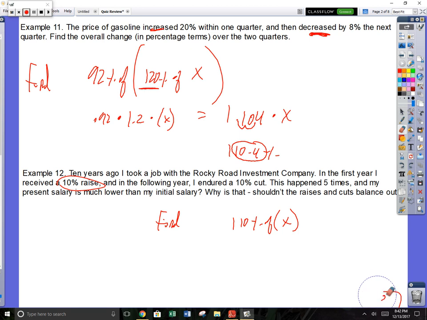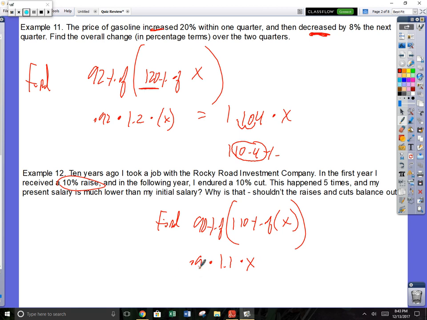Okay, and then after you receive that 10% raise, you're going to get a 10% cut. So now, here's what we have to do. We have to find 90% of this. And this is the cycle. I get a 10% raise and then a 10% cut. So if I do the math here, it's 0.9 times 1.1 times x.